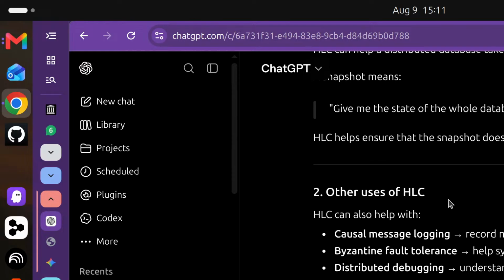Other uses of HLC are causal message logging, which records messages while preserving cause and effect, and Byzantine fault tolerance, which helps the system deal with faults and malicious nodes.